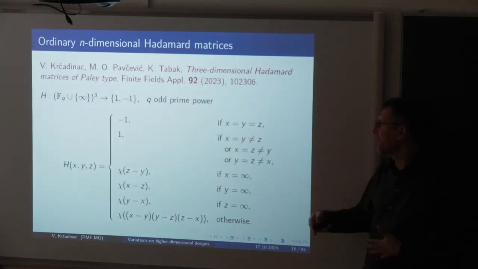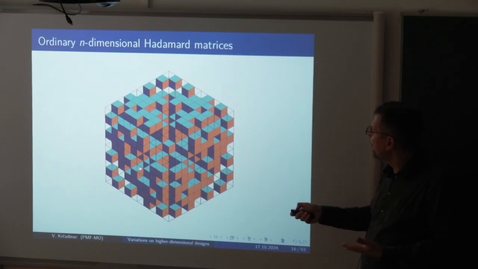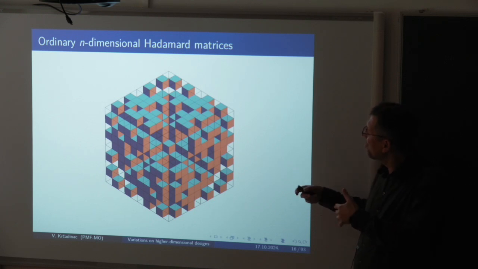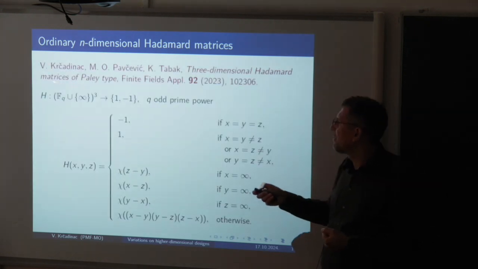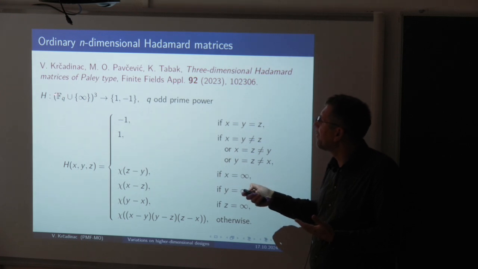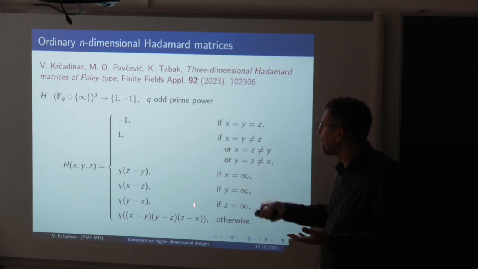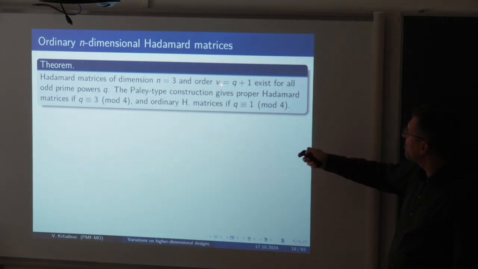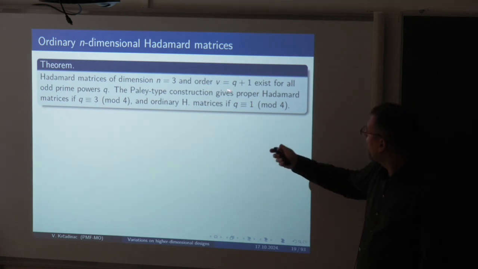Well, we constructed some examples. We found this by computer, and here you can see that the symmetry acting on this 3-dimensional Hadamard matrix is actually the PSL group, and then it wasn't so difficult to figure out that you had to index the thing by a projective line, basically just a finite field and infinity, and we got the formula from there. And now our construction actually works when q is either 3 or 1 mod 4.